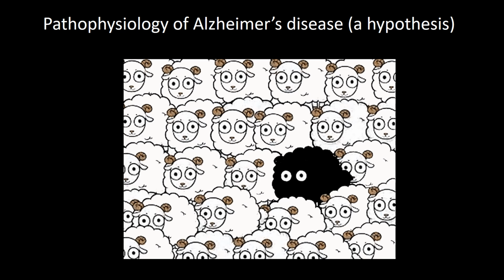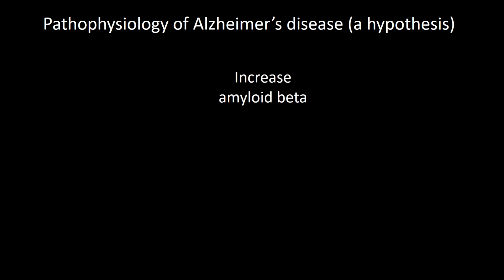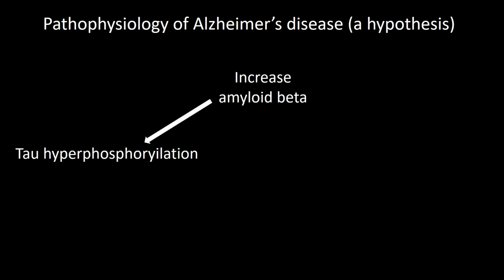The name of this black sheep is amyloid beta. An increase in amyloid beta produces tau hyperphosphorylation, turning a good microtubular glue called tau to a bad glue called hyperphosphorylated tau.